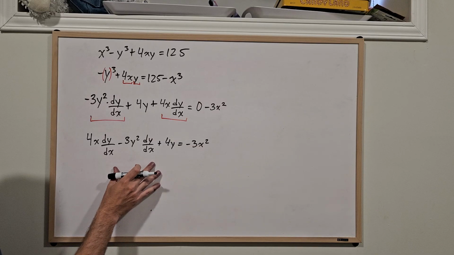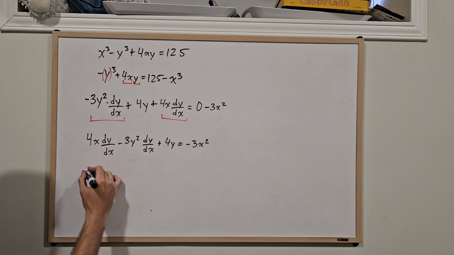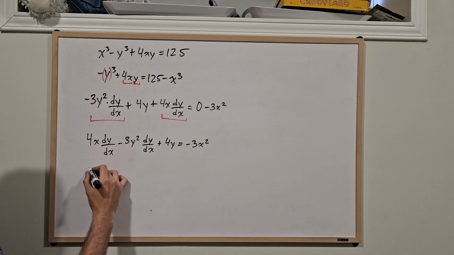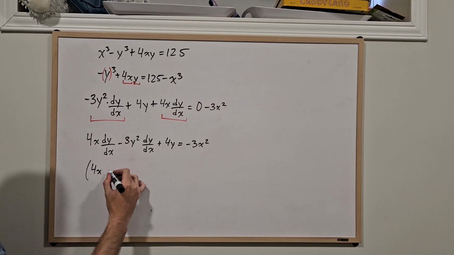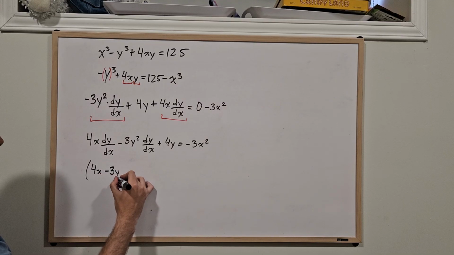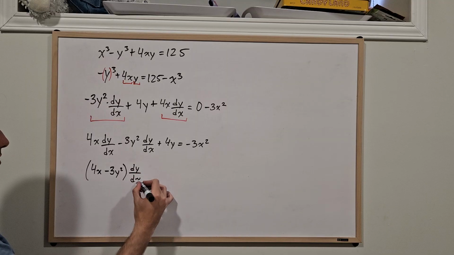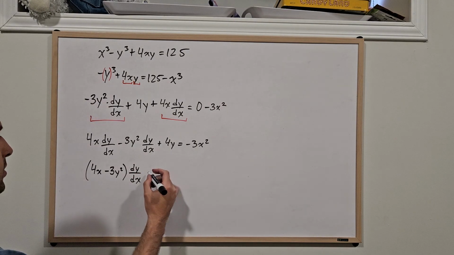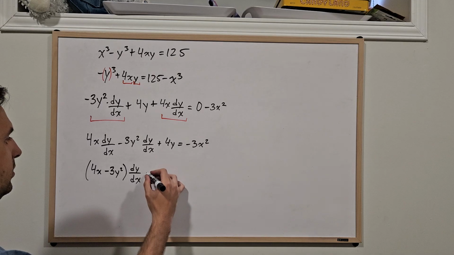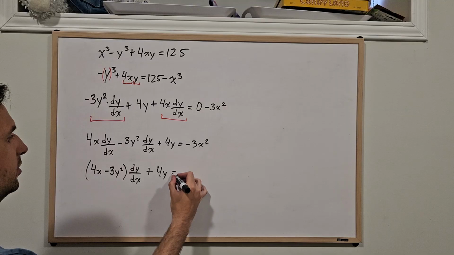Now what I'm going to do is factor out my dy dx. So here, I'm going to write it out like this. 4x minus 3y squared dy dx. Jeez, this is giving me nightmares of first order differentials here.